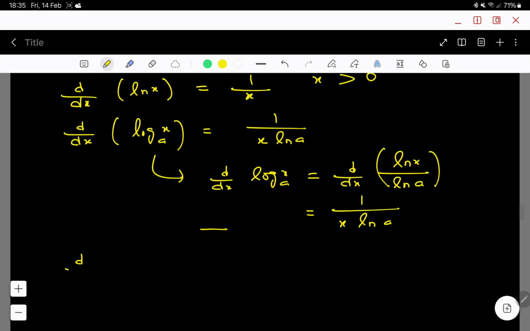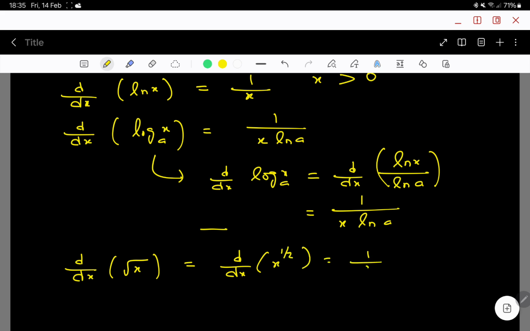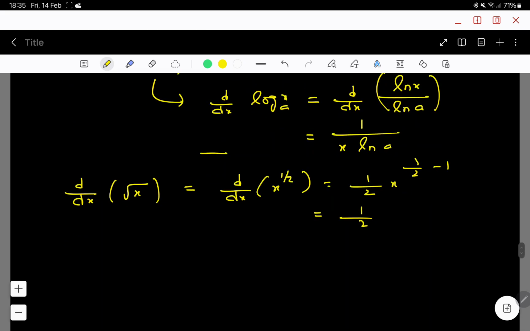Next, d by dx of root of x. So we write root of x equal to x power 1 by 2. D by dx of x power 1 by 2 is 1 by 2, x power 1 by 2 minus 1, that is 1 by 2 x power minus 1 by 2. So x power minus 1 by 2 in the denominator becomes x power plus 1 by 2. That means it becomes 1 by 2 root of x.